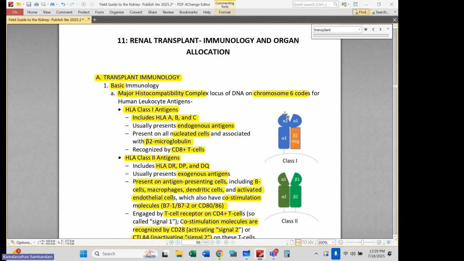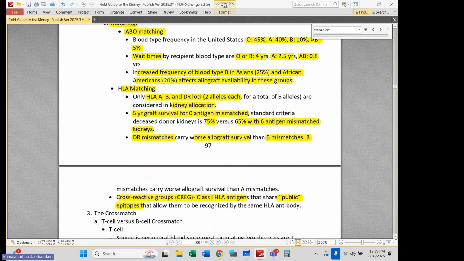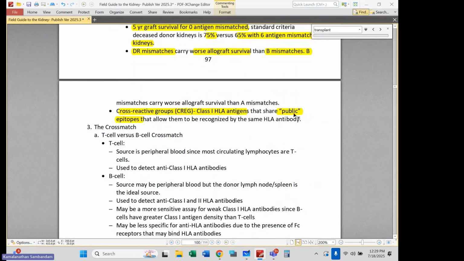And the problem is, if the recipient starts producing an antibody to this public epitope, they are now incompatible with more than one HLA molecule. They will be incompatible to a B27 and a B2, okay? These cross-reactive groups describe these overlaps between different HLA molecules because they share public epitopes, okay?